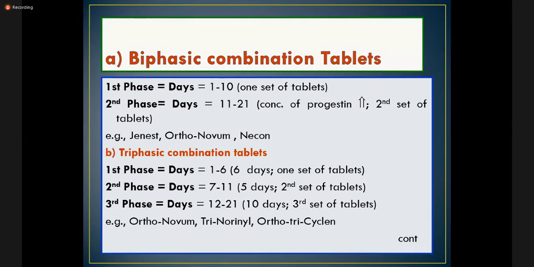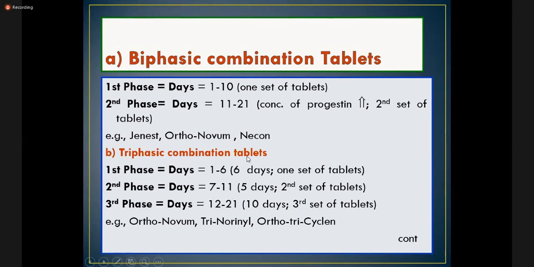The concentration of progestin is low in the first phase but increased in the second phase, as we have already discussed. So these are the market or generic names of these biphasic combination tablets.